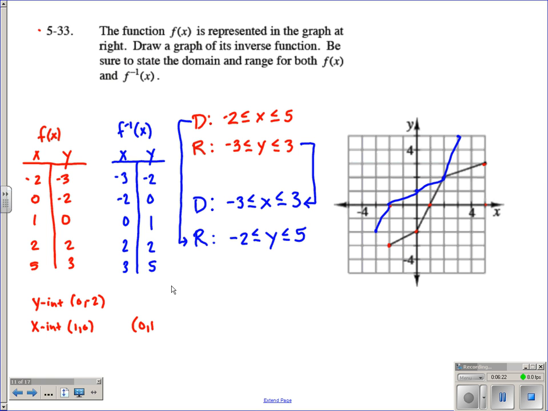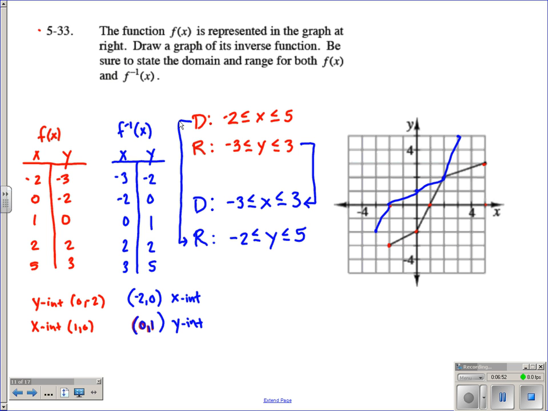Actually, let me write that in blue. So we end up with 0, 1, which is our point on our inverse function, and we also end up with -2, 0, which is also on the inverse function. This is our x-intercept on the inverse, and 1, 0 was our x-intercept here. Now that becomes our y-intercept after we flip-flop our points.